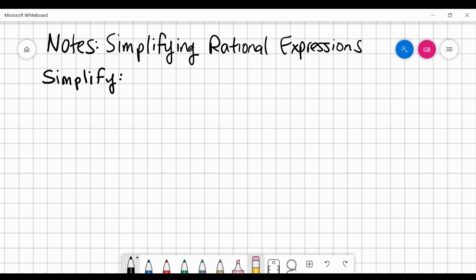Hi everyone. In this lesson, we're going to learn how to simplify rational expressions. To simplify, we're going to use our factoring techniques, and also we're going to get into excluded values.